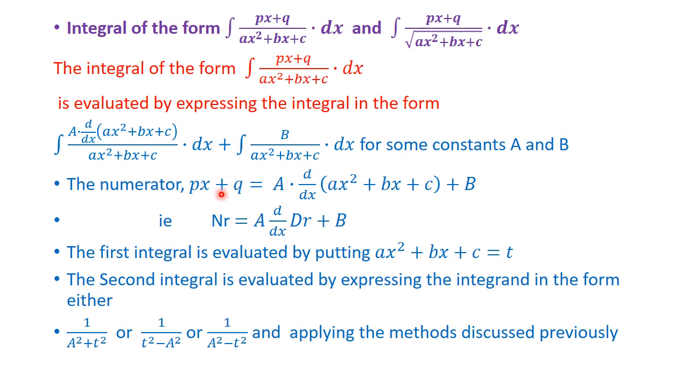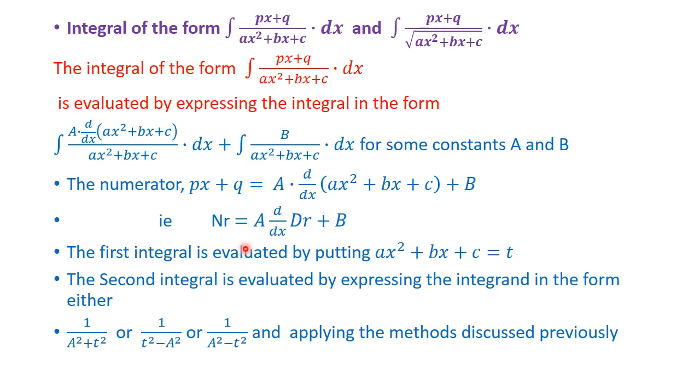Now the numerator is expressed as px plus q is equal to a into the derivative of the denominator with respect to x plus b. Remember that b is only a constant. There is no denominator, nothing else, only a constant. Therefore the numerator is equal to a into the derivative of the denominator plus b.